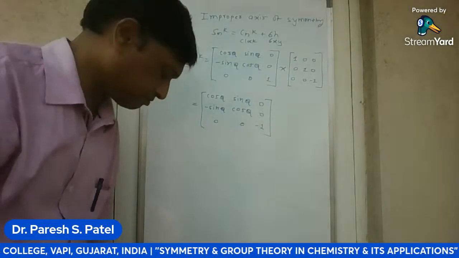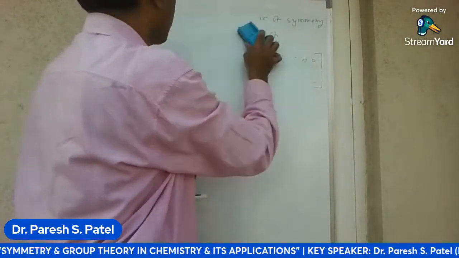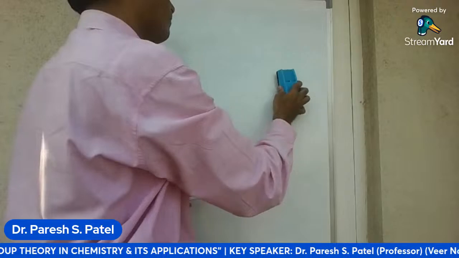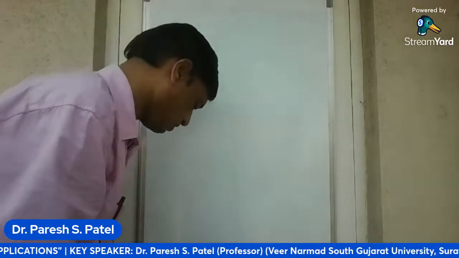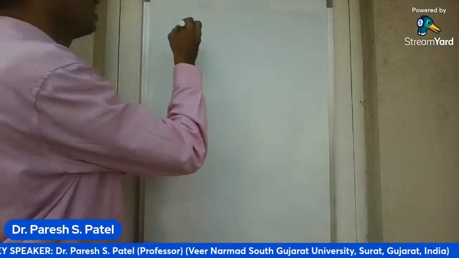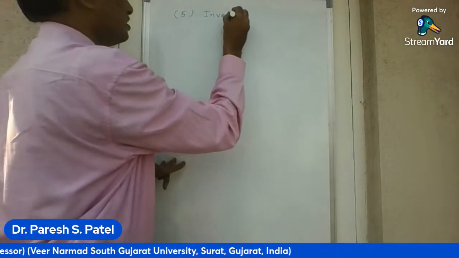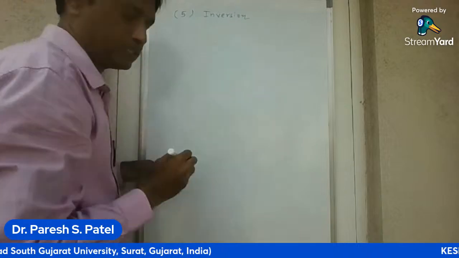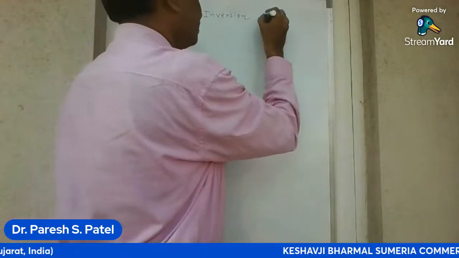Now, the last symmetry operation, the fifth one, is inversion, or we can say center of symmetry inversion operation.